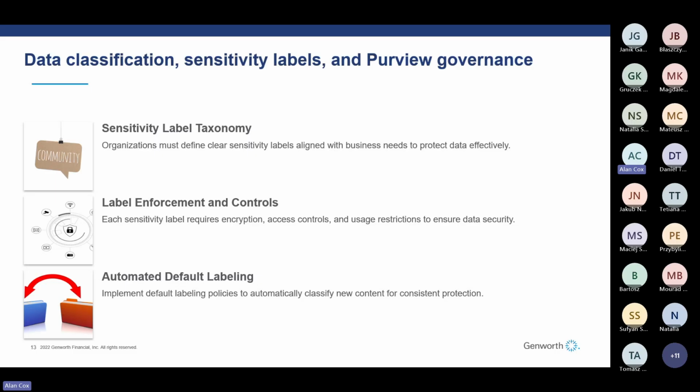Now, on an E5 scale, you can do automated default labeling and automated labeling. So you can do a policy that auto labels based on sensitive information types or classifications, but you can also do default labeling. So any net new document automatically gets this label, and then it can be justified to downgrade if necessary.